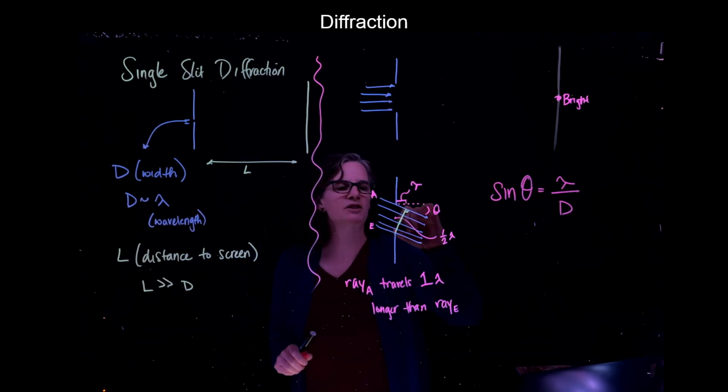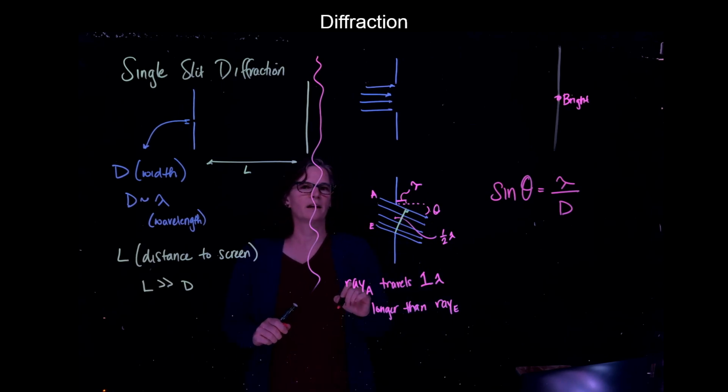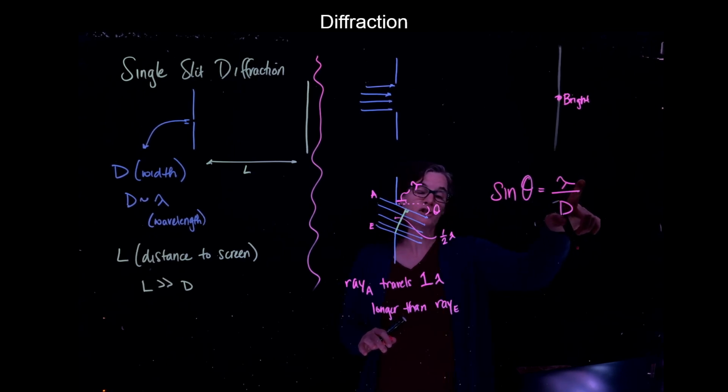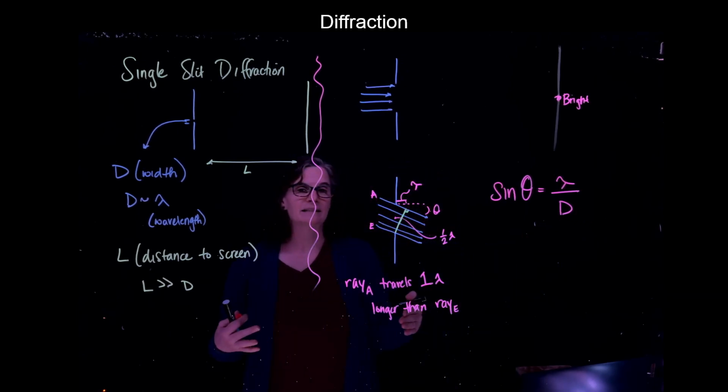And that's just the geometry manifested by this green triangle that I wrote here. So you can look at the geometry to get that relationship. That's just trigonometry. But it gives us important information such that for every angle where the sine of the angle is an integer value of lambda over d, we get a dark spot.